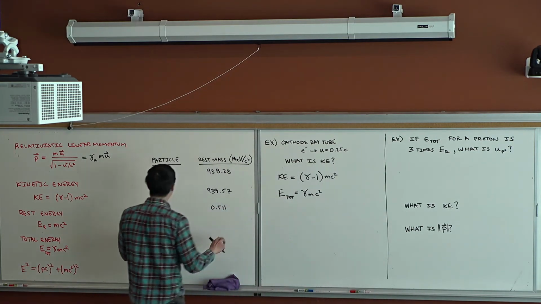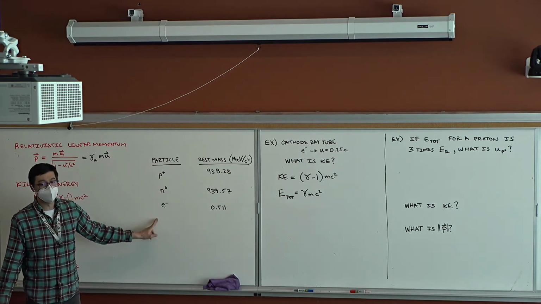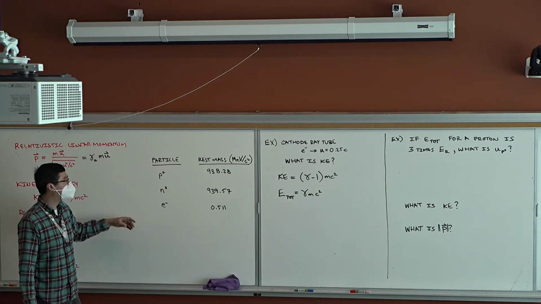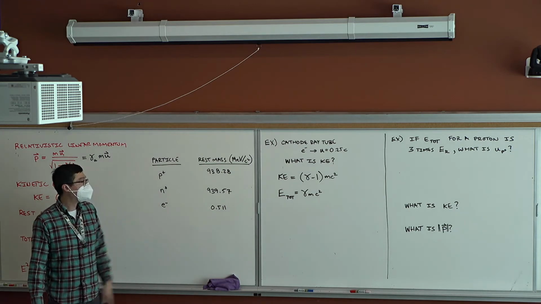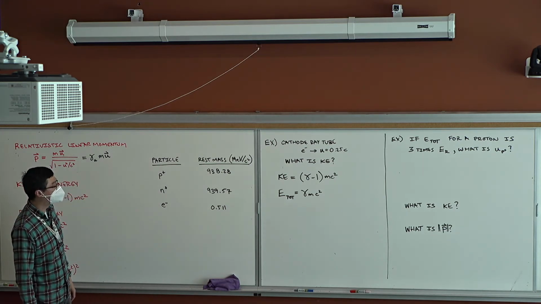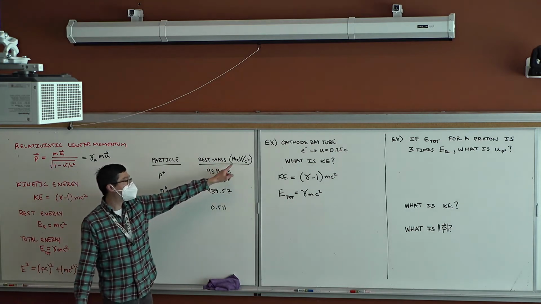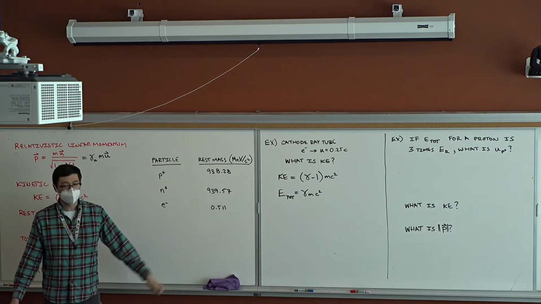I've given you here a few of our standard bearer particles: proton, neutron, electron. The mass of the electron in units of mega electron volts per c squared is 0.511.